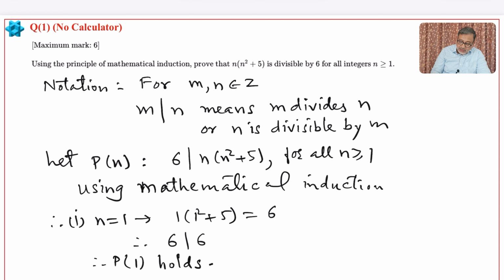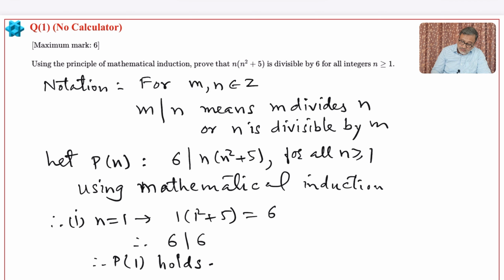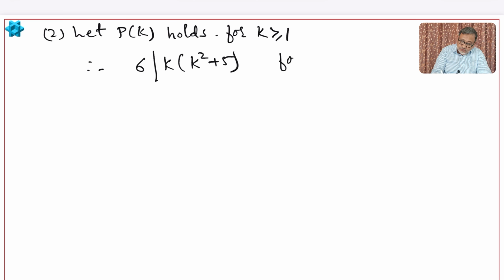So 6 | k(k^2 + 5) for k greater than or equal to 1, meaning k(k^2 + 5) is divisible by 6. That is the meaning of P(k). Now the third step we will take for n equal to k plus 1.